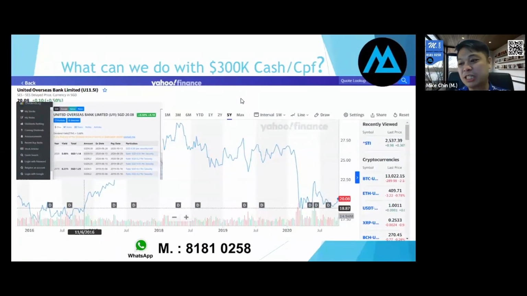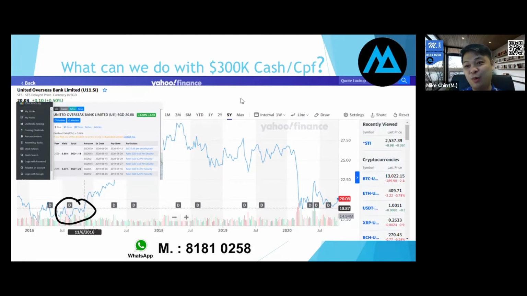Now stocks. If 5 years ago you entered the market, it's around here, right? So it will be roughly the same price as now because the stock prices have dropped. As you can see, it doesn't have the similarity that property prices have.